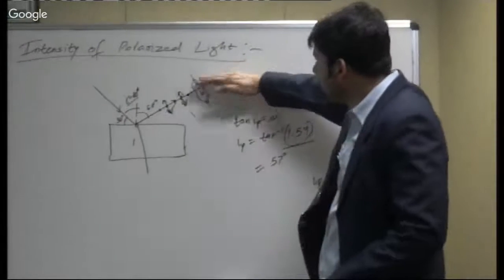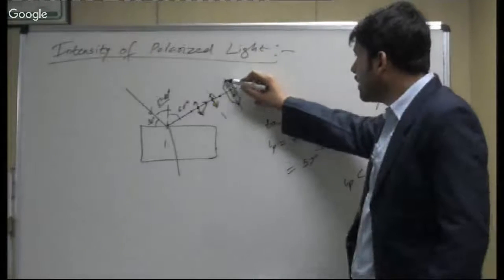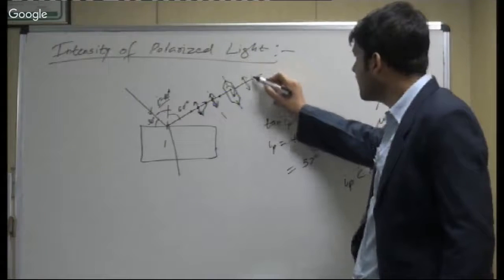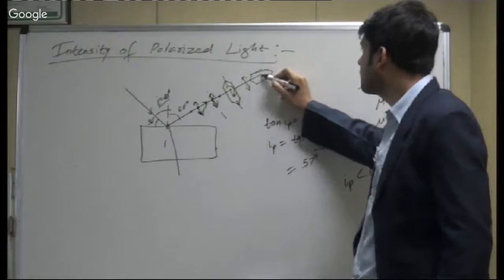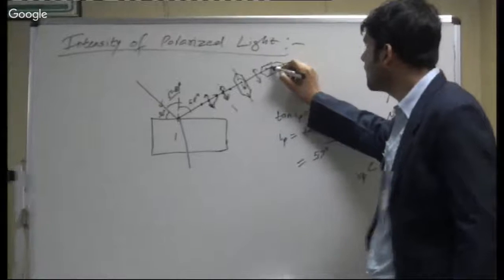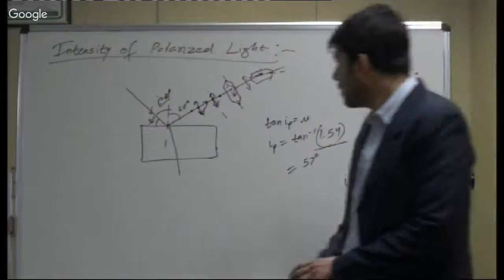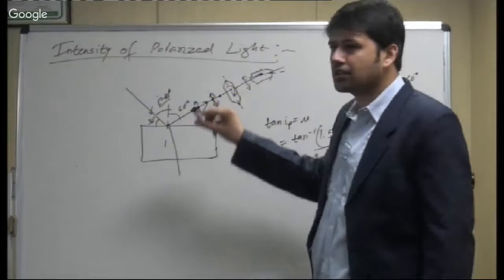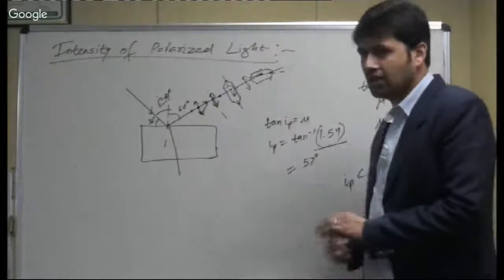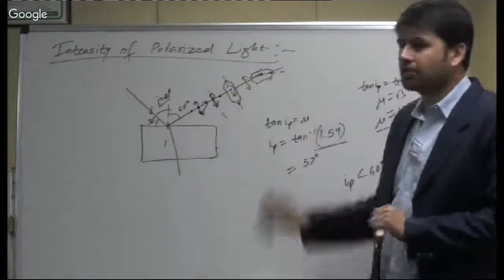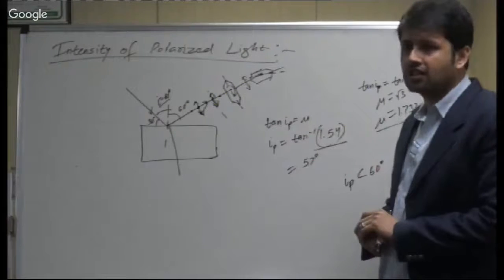Now when we rotate the Polaroid, the intensity increases, and when the transmission axis becomes into the plane, the oscillations into and out of the plane are allowed to go through. Since they are a large number, the intensity would increase considerably.